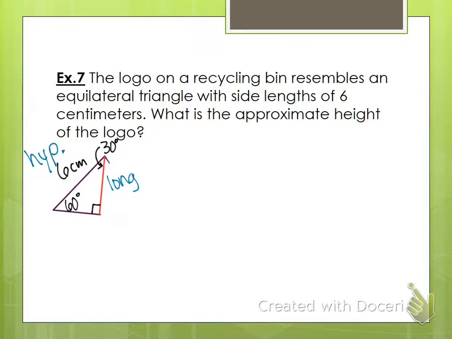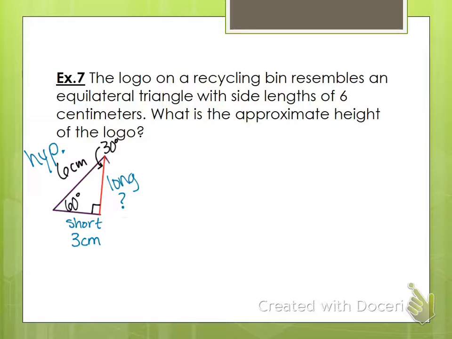Okay, yes, technically we do know that the short side down here is going to be 3 centimeters because this was a perpendicular bisector, so these segments had to be congruent, or we could show it using our relationships of a 30, 60, 90. Either way, we do know the short and the hypotenuse. We're looking for the long side.